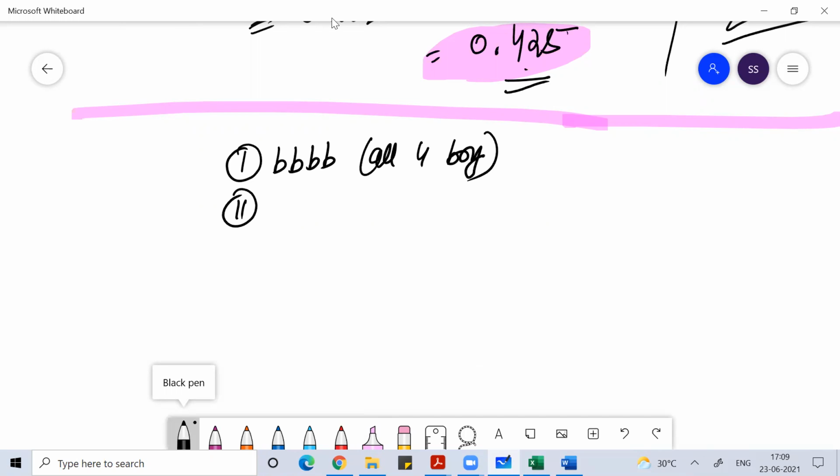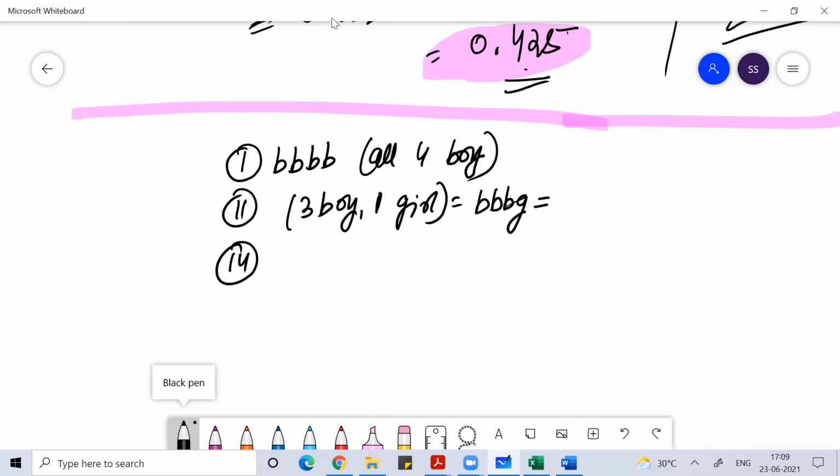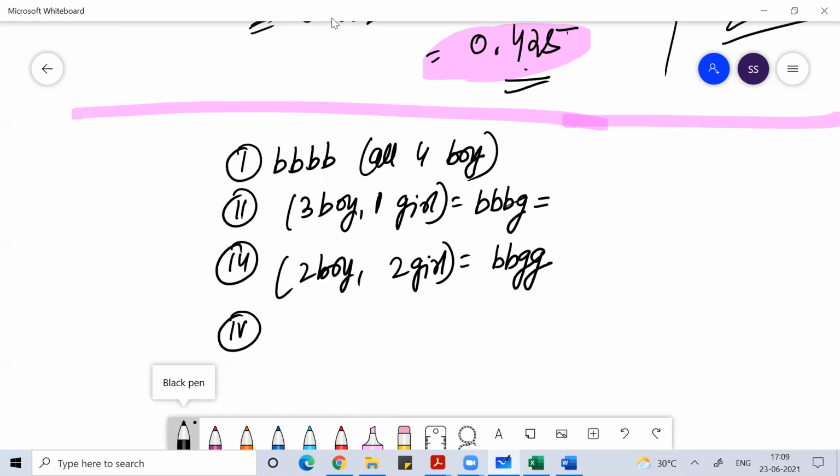It can be 3 boys and 1 girl. Or it can be 2 boys and 2 girls. Like this, it can be 1 boy and 3 girls.